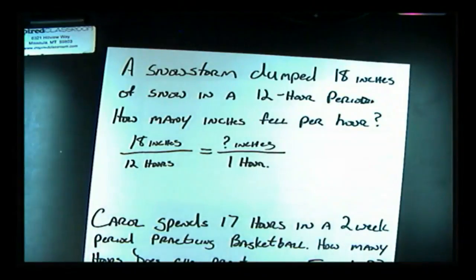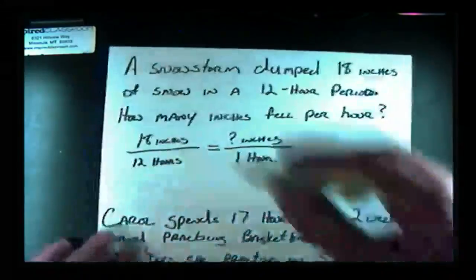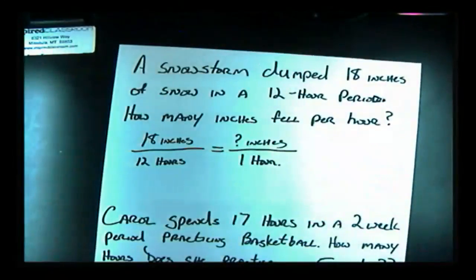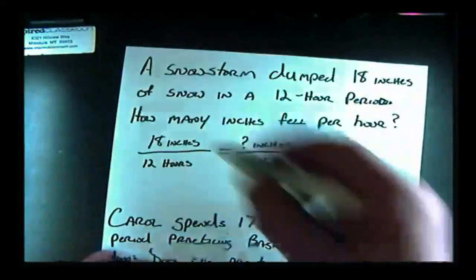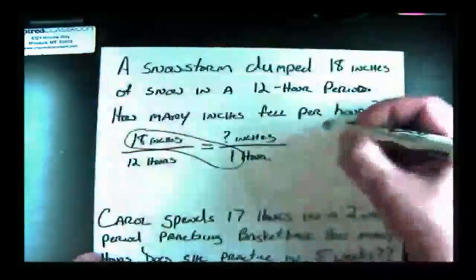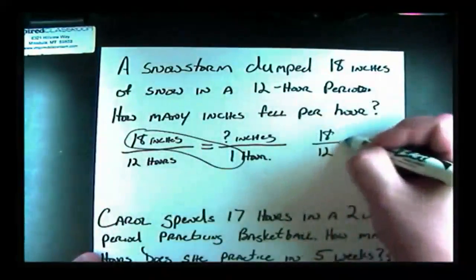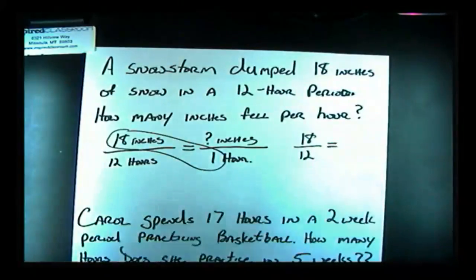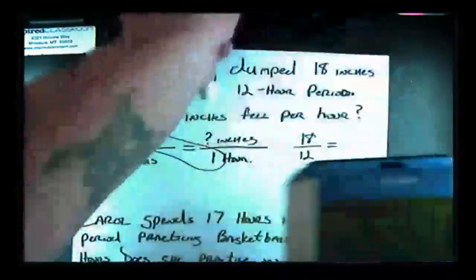And now all we have to do is solve for our question mark that you see here. And we do that by cross-multiplying the numbers that we have available to us that are across or diagonal from each other and dividing by the one that's extra. So I multiply this way. I get 18 times 1 is 18. And divided by 12 tells me that I got, we'll use our calculator because arithmetic is not fun.